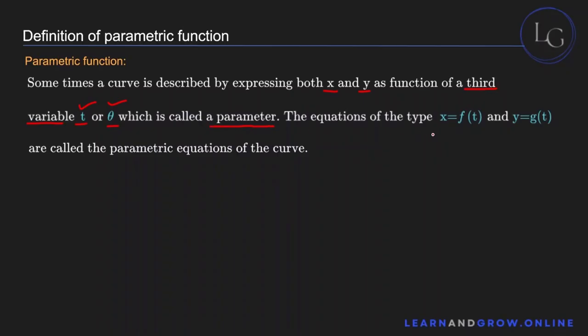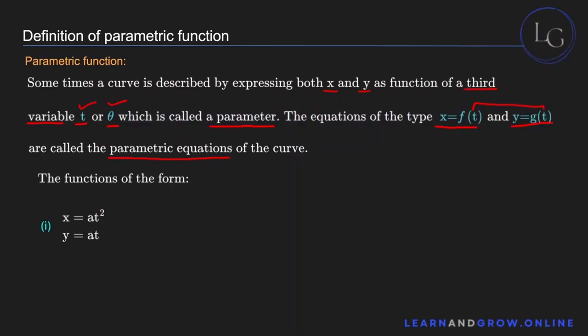And the equation is of this type. Basically x is a function of time and y is also a function of time. And these are called the parametric equations of the curve. So both x and y are defined by a third variable, which is common to both x and y. In this case, it's time.